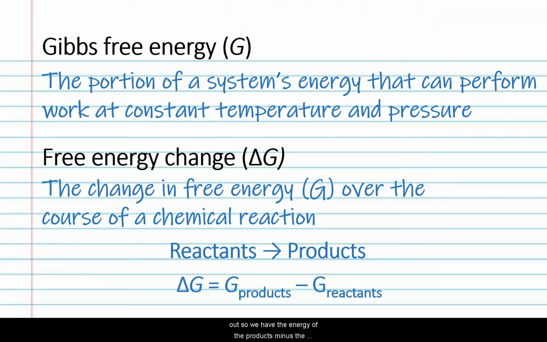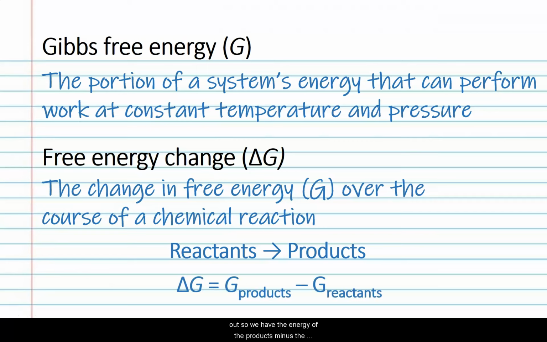So our exergonic reactions, remember, exergonic reactions release energy. Now when we look at this in terms of our reactants and our products, you can see in the figure here on the right-hand side that our reactants have more energy than our products. When we calculate our delta G, remember, products comes first in that calculation: the energy of the products minus the energy of the reactants.